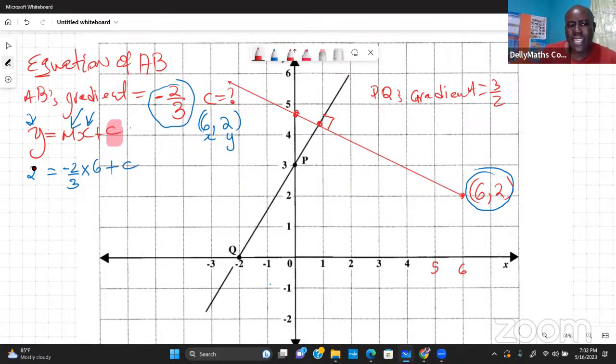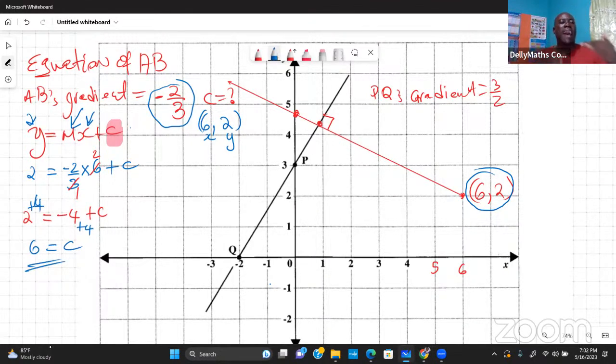I want to employ some canceling. 3 into itself, 1. 3 into 6, 2. Take your time. 2 is equal to 2 times negative 2, negative 4 plus c. We are almost there. We're going to add 4 to both sides now. Plus 4, plus 4. We get 6 is equal to c.